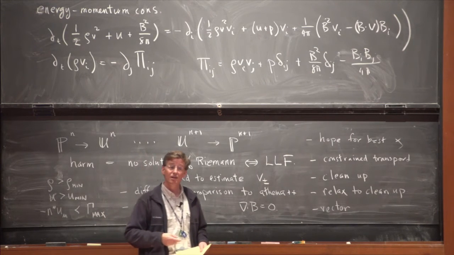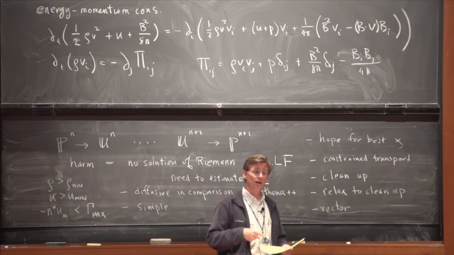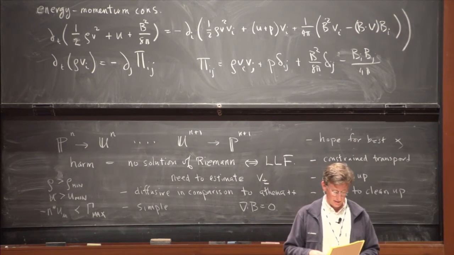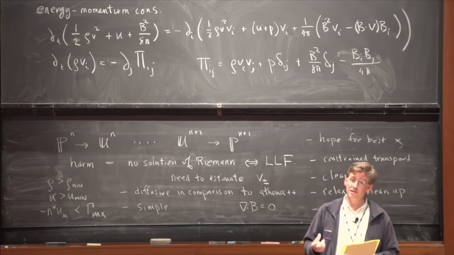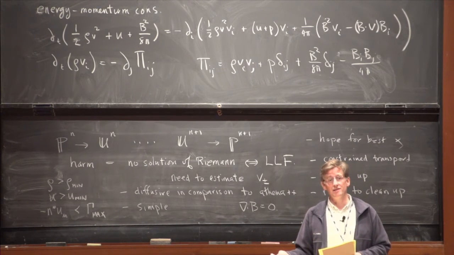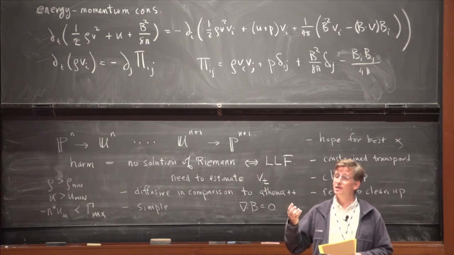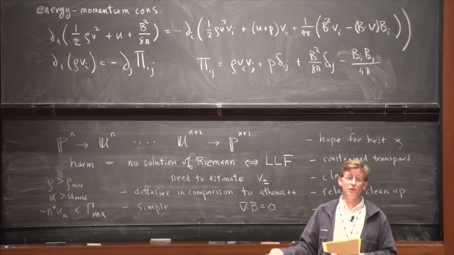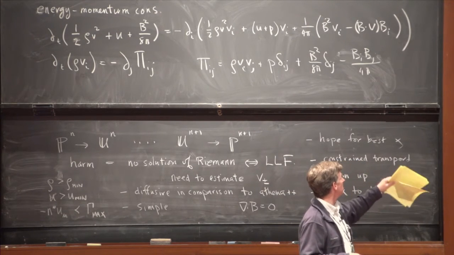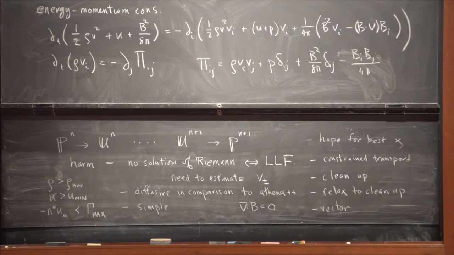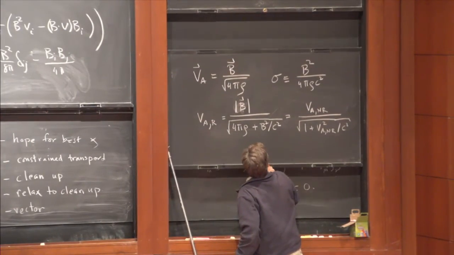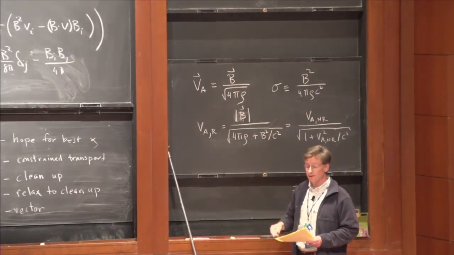Okay, and if it isn't, then we rescale our velocity components until it is. And again, this tends to occur in regions of the flow where the magnetic energy density dominates the internal energy density and even the rest mass energy density. So regions where the parameter sigma, which I defined here, is large compared to 1.